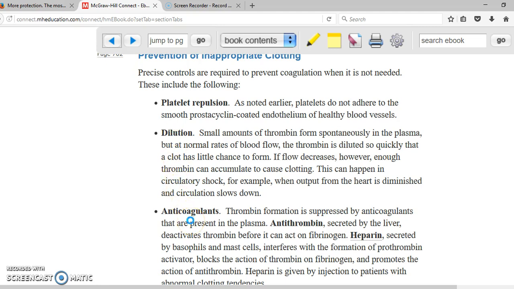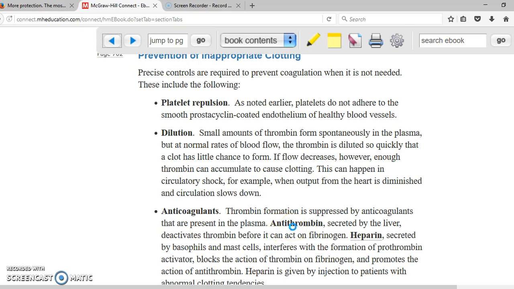Anticoagulants. Thrombin is the one that is going to initiate the formation of fibrin. However, we have a couple of substances called anticoagulants. There is one anticoagulant called antithrombin that is produced by the liver.